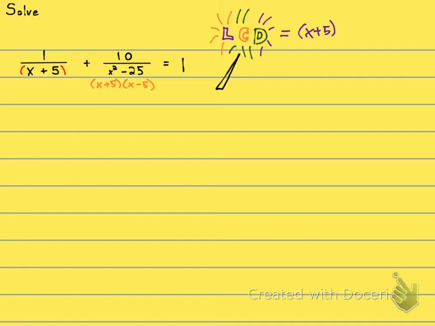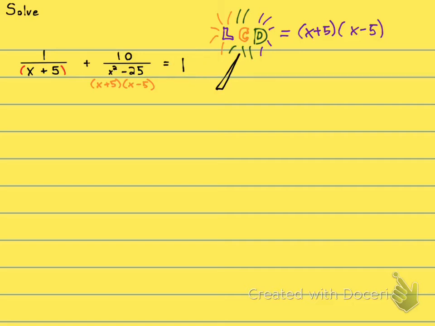And when I look back up at my LCD, I realize I already have an x plus 5, but I'm missing an x minus 5, so I'm going to include that in my LCD. All right, I don't have any denominator here, so my LCD is set.